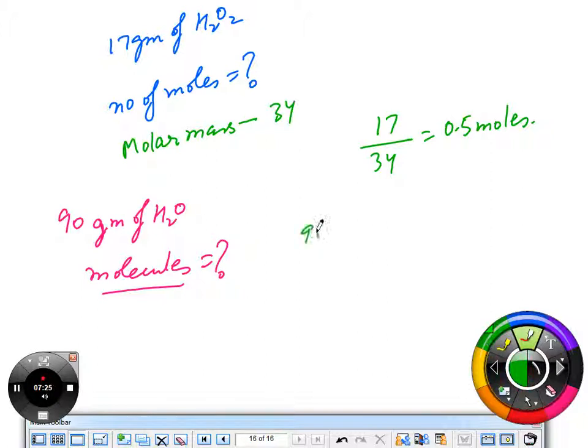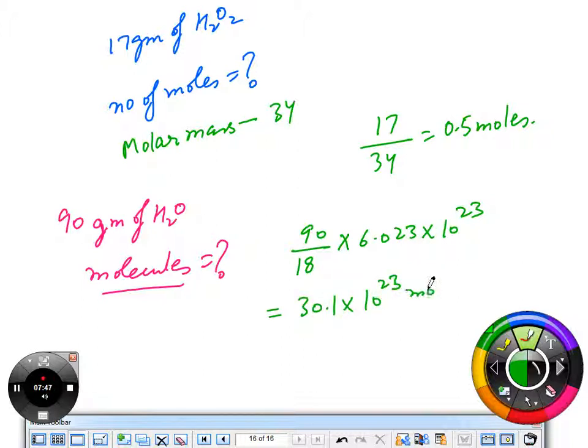So mass upon molecular mass and number of molecules. So this should be the answer. You calculate this. Mass upon molecular mass is H2O. For H2O is 18. So this comes out to be 30.1 into 10^23 molecules. Better way for presentation is 3.01 into 10^24 molecules.